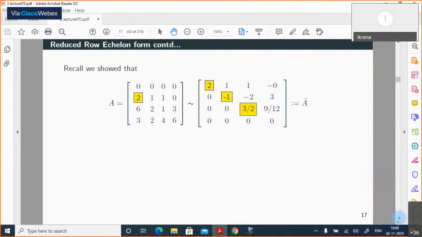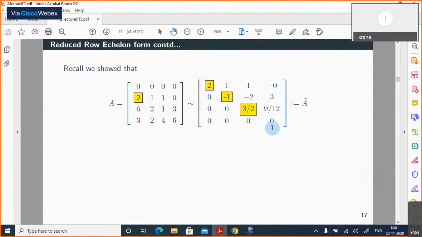So this is the earlier example we showed. This is the given matrix, and this is a row echelon form. I can make this entry 1 by dividing this row by 2. Then this is 1, so I can suitably multiply and add to make this 0. Similarly, this entry can be made 1, and by suitably multiplying and adding, this can be made 0 and this can be made 0.